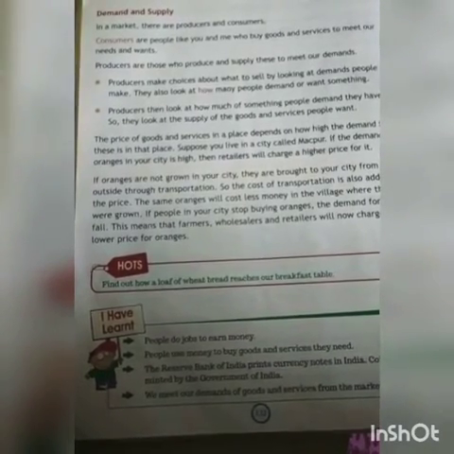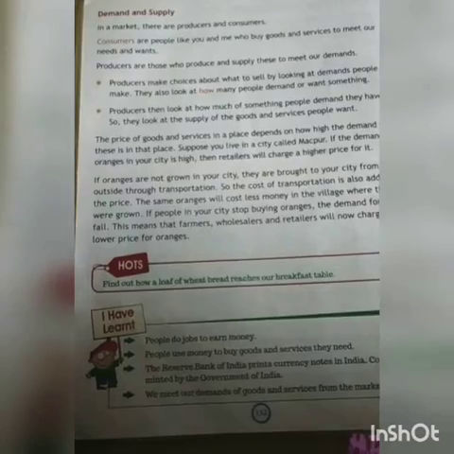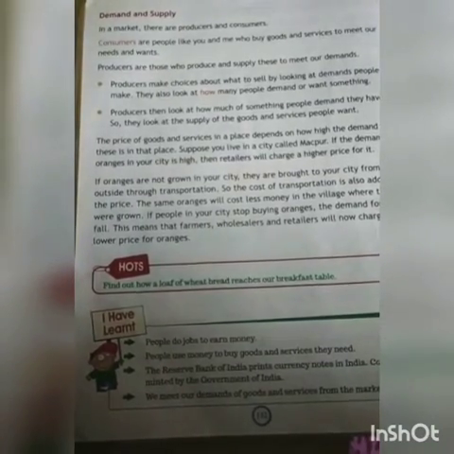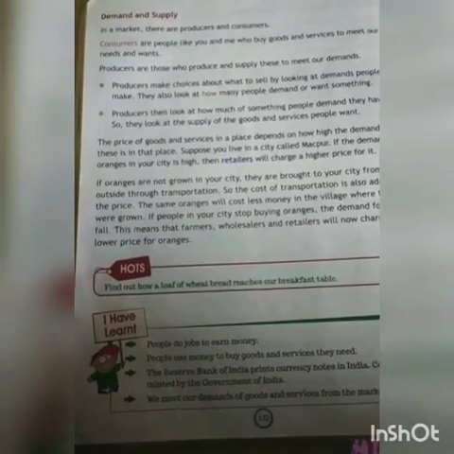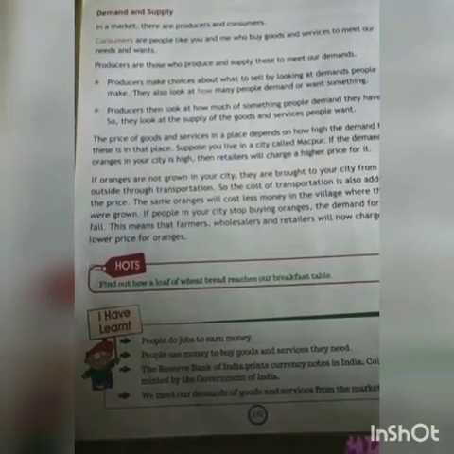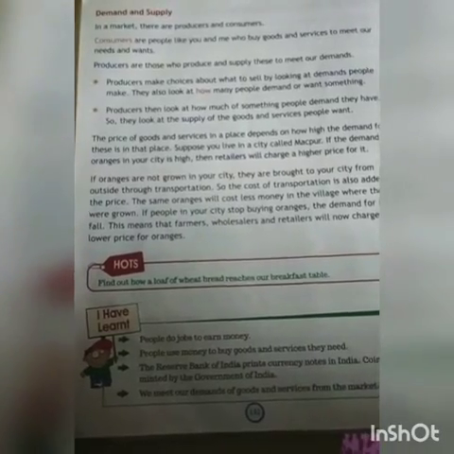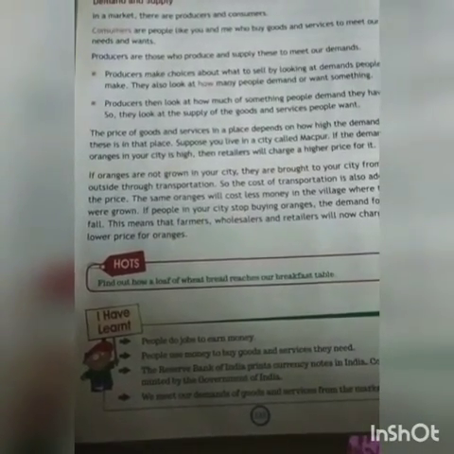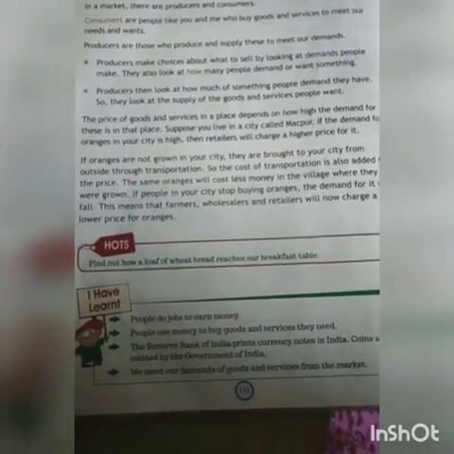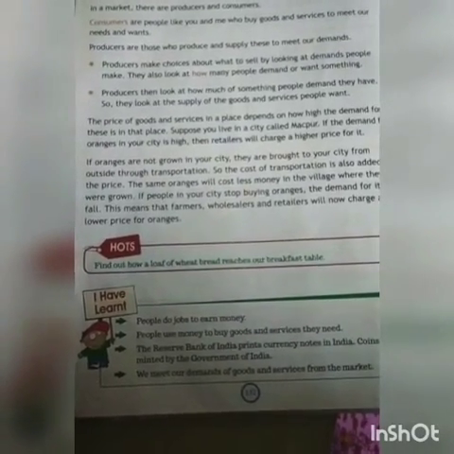The apple which is sold for 15 rupees, he charges 20 rupees for one apple, so that he can gain profit out of it. Can you understand, children? Just assume the example I said, so that you'll be very clear about what I have explained.